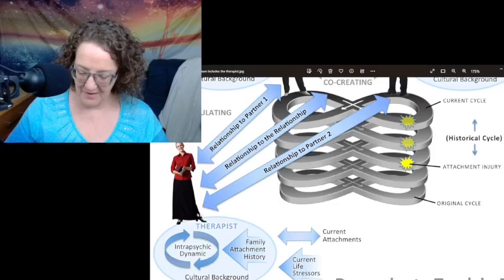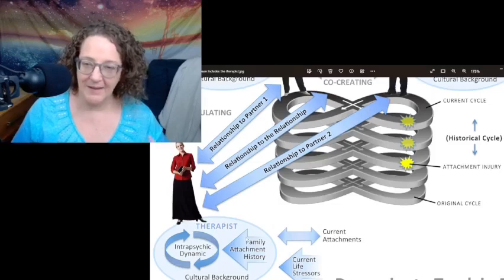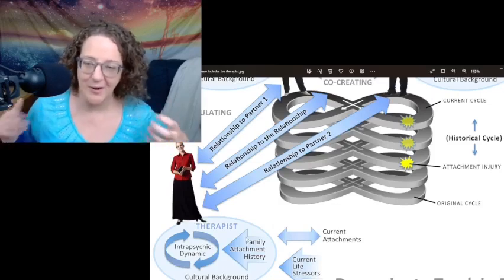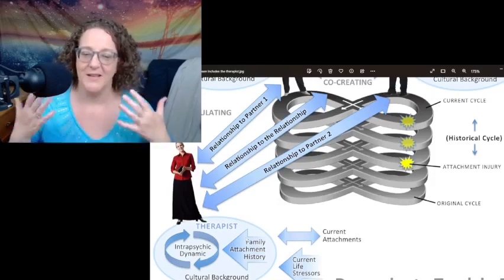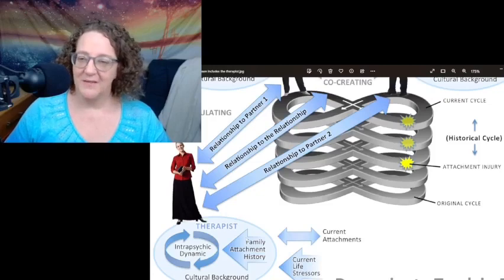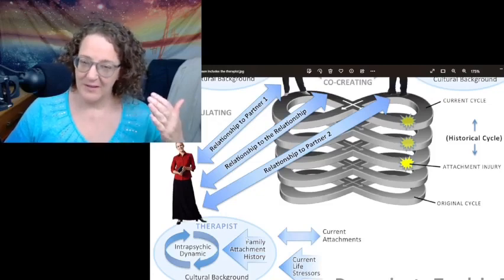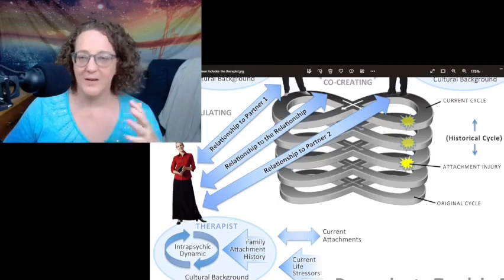The other thing for my therapist friends, just notice the other work that the therapist is doing to regulate themselves. There's their own family attachment history that is affecting things and getting triggered, and the clinician has all that work to manage, and then whatever current life stressors are going on for them and the nature of their current attachment relationships, like if they're arguing with their partner in a similar way.